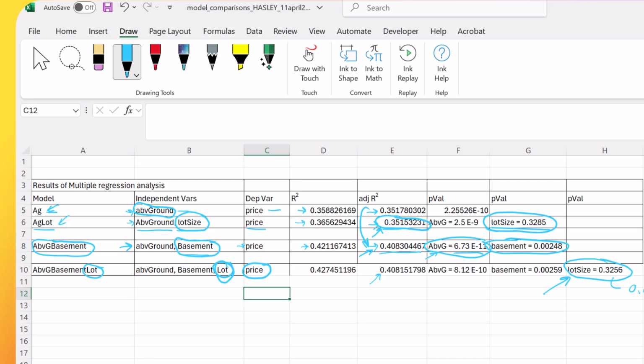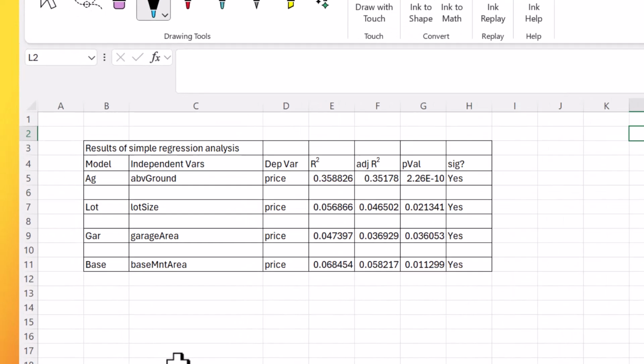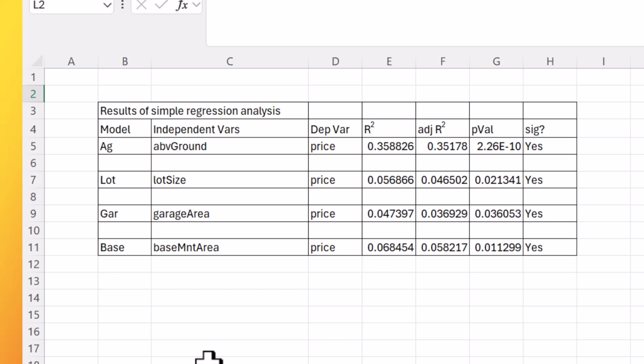If you look at our simple regression results, you'll see that the lot size, when we ran just lot size against the price, that R squared is not very high, but our p-value is well below the cutoff. So if we said, look, does lot size affect the price of the home?